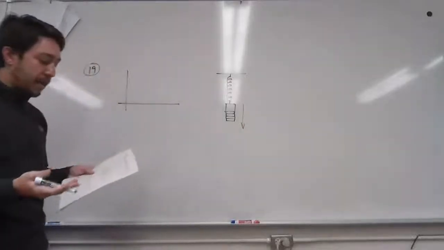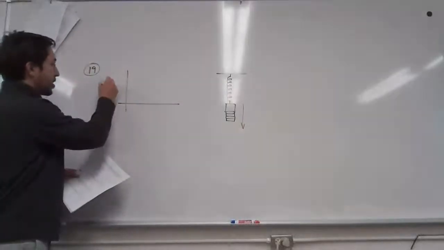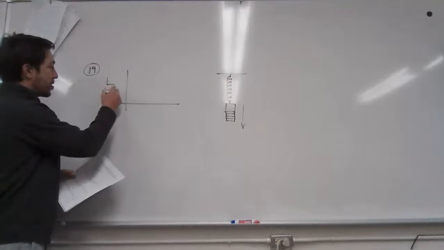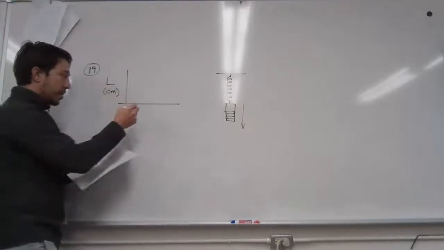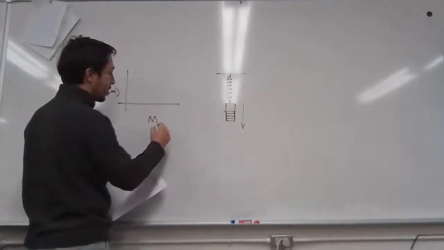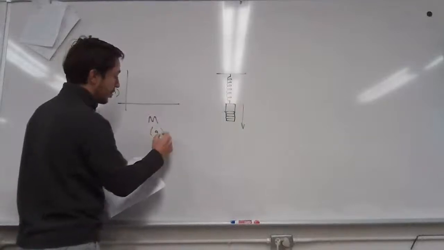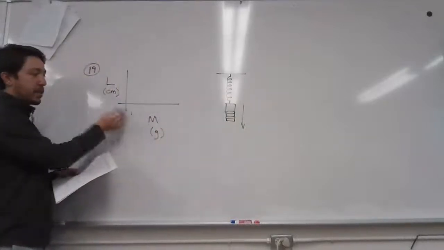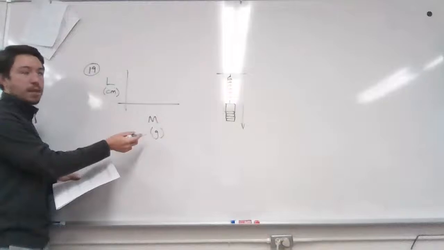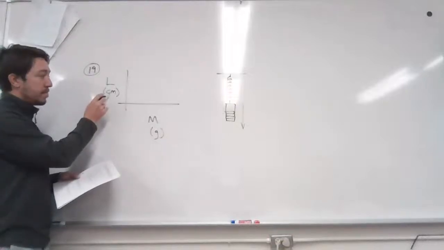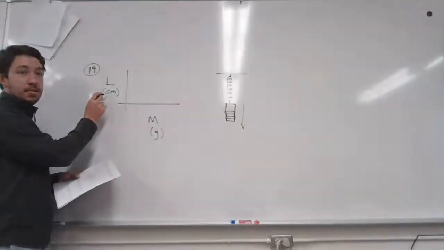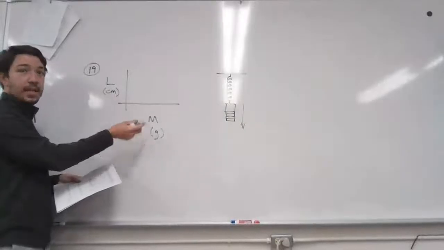Okay, so then he graphs his data. He's got the spring's length here in centimeters, and then he's got the mass here in grams. So by the way, what's the first thing you notice about these units? Exactly. Very good.